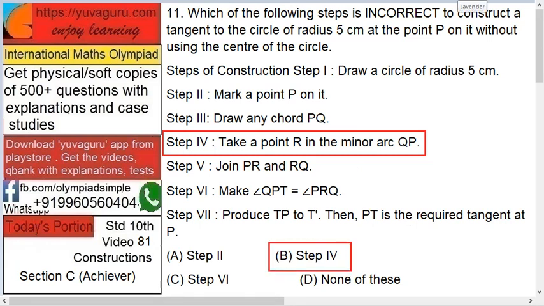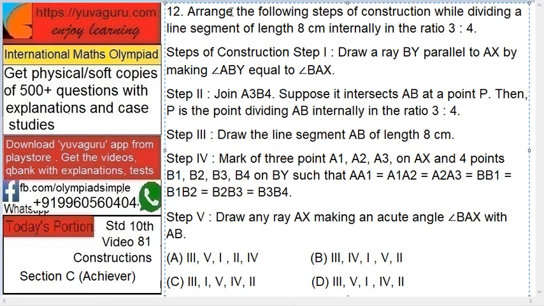Okay, let's move on. Next, arrange the following steps of construction while dividing a line segment of length 8 cm internally in the ratio 3:4.